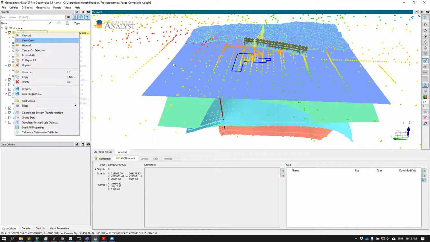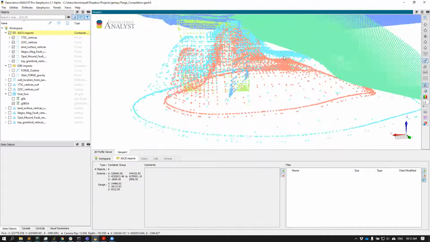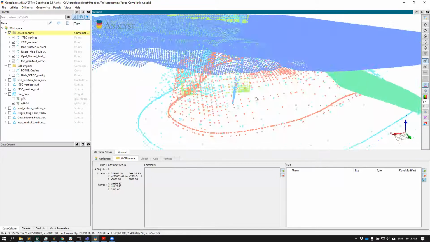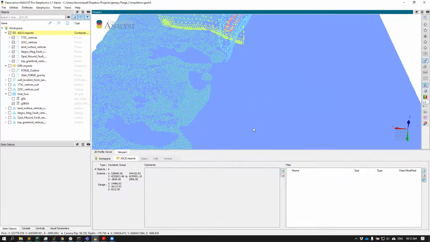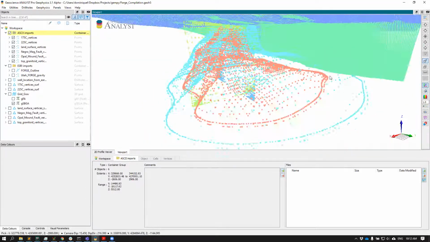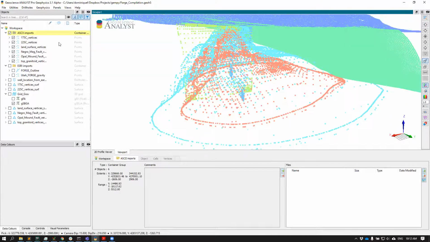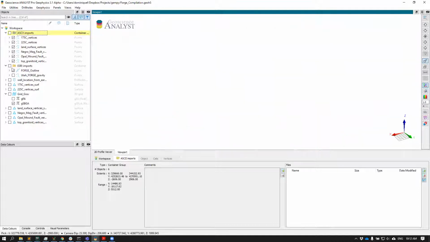So it was just points representing surfaces that they came up with at the end of that project. So like a topography, some faults in there, and I just converted them to surfaces so that I can start working with them. So I need to move you guys out of the way.